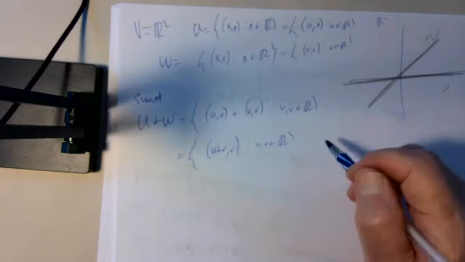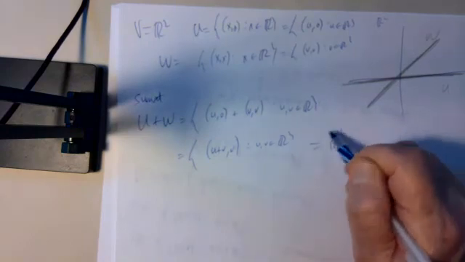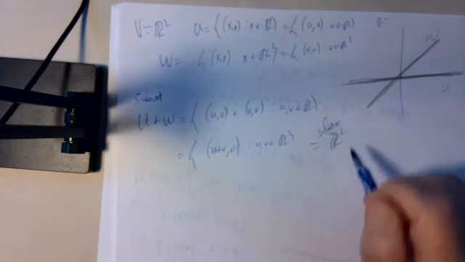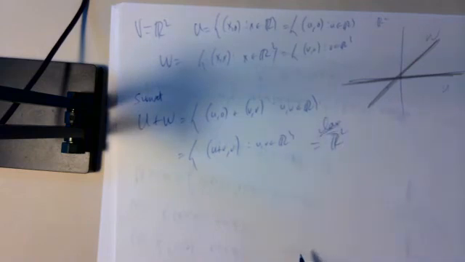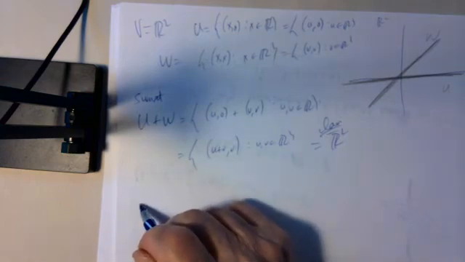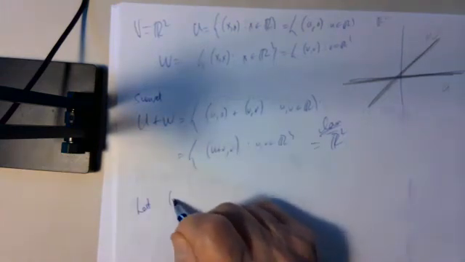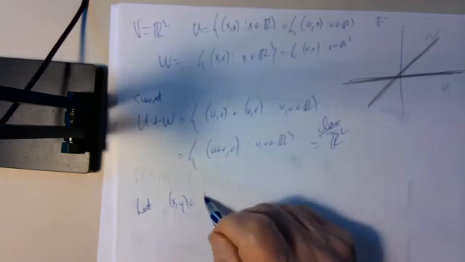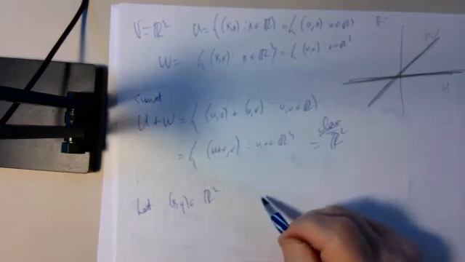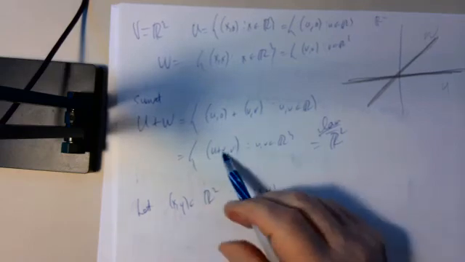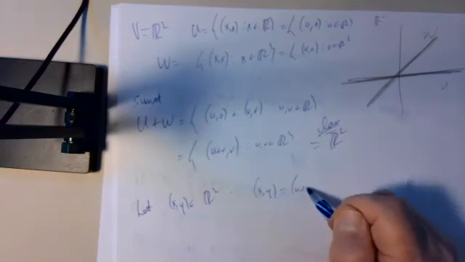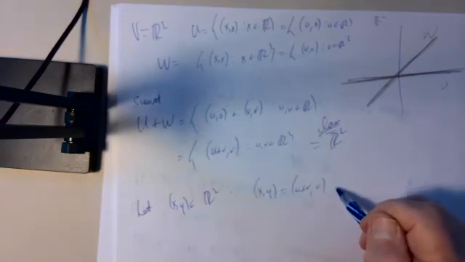And I claim this is all of R2. You get everything. So let (x, y) be in R2. Can I write (x, y) in this form, (u plus v, v)?